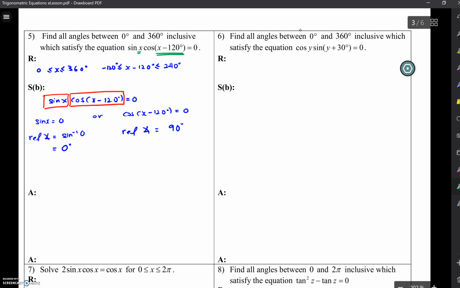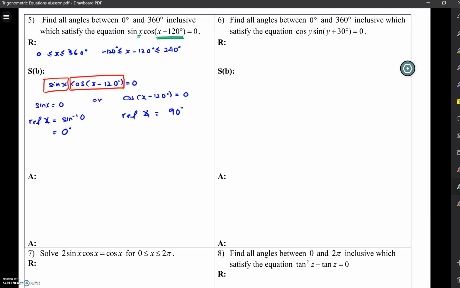Okay, so the next thing we need to do is our ASTC. So based on this ASTC, what we are doing will be the same. We will treat 0 as positive. So for sine to be positive, which quadrant should it be? Okay, remember first quadrant and your second quadrant.